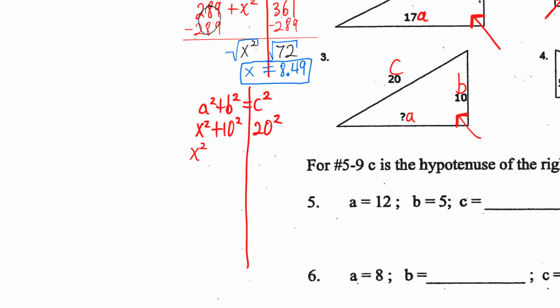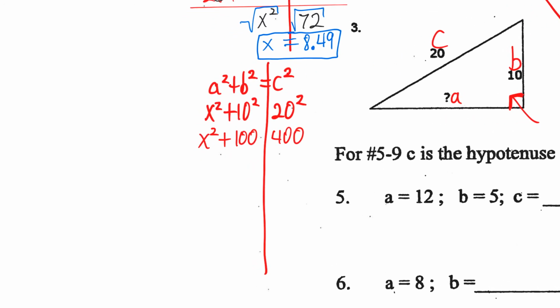Question? Are you good? Okay. So x squared plus 100 equals 400. Take 100 away from both sides. X squared equals 300. Then what do we do?